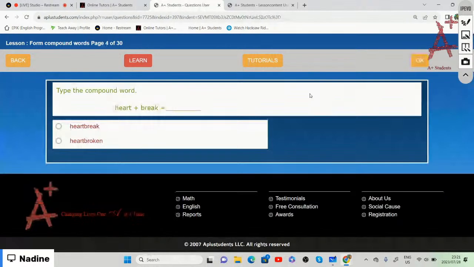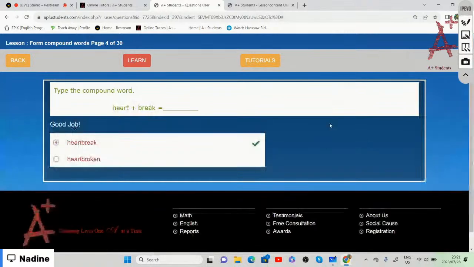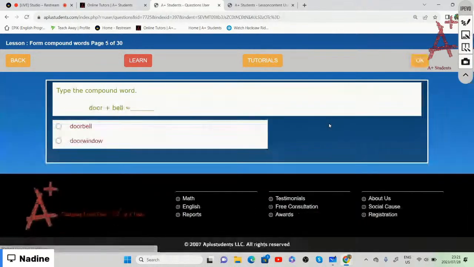Is it heartbreak or is it heartbroken? All right, so heart plus break, we can say it is heartbreak, right? So two small words that are combined together to make a compound word.